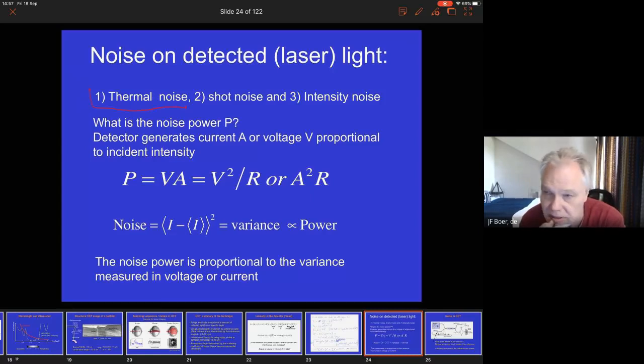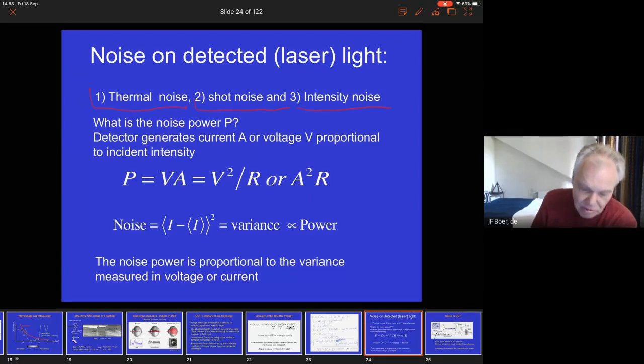So that is why in general, if you want to do a really sensitive measurement, you cool your detector to -10, -20, -80. The second noise term is shot noise, and this is an intrinsic noise term that you cannot avoid, and I will go into detail later. And the third noise term is intensity noise, and this is also noise that is associated with the properties of the source, and in general hard to avoid.